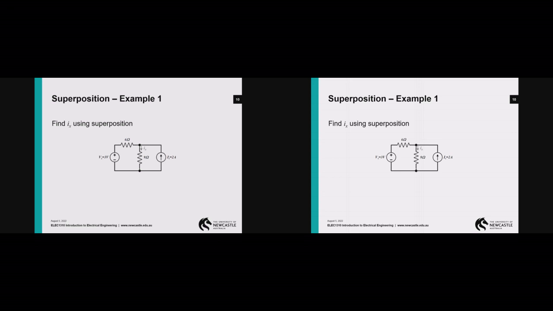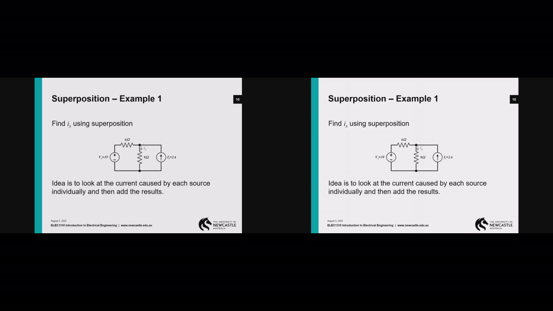It is possible that I could solve that problem just using Kirchhoff's voltage law and current law if I desired. Superposition is just another alternative that you could consider using in some situations. The idea is that you would look at the current caused in that 9 ohm resistor by each of the sources in the circuit individually, then you add the results together.